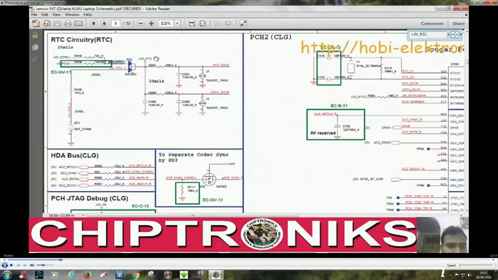This plus 3V RTC is coming from the RTC battery, and another one from the plus 3V underscore DSW, plus 3V PCA. Now this diode is an OR diode, right? In my book I have explained the use of this diode, that the application of a diode is at many places.